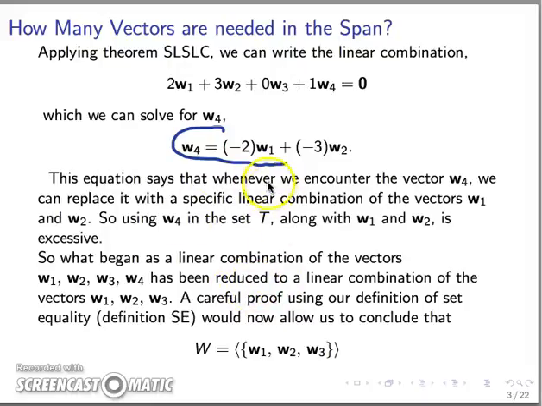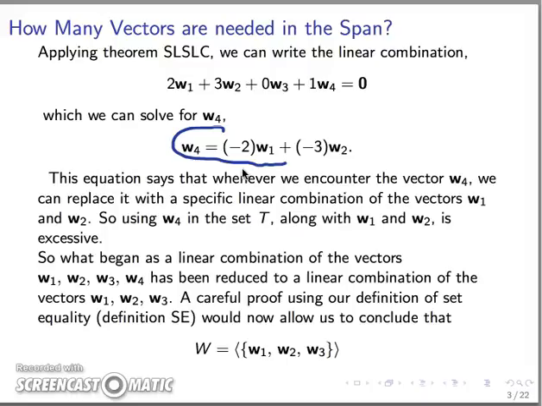So there are vectors that are expressed just like dependent variables in terms of free variables, vectors that can be expressed as a non-trivial linear combination of the other vectors. And that's precisely what takes place when a set of vectors is linearly dependent.